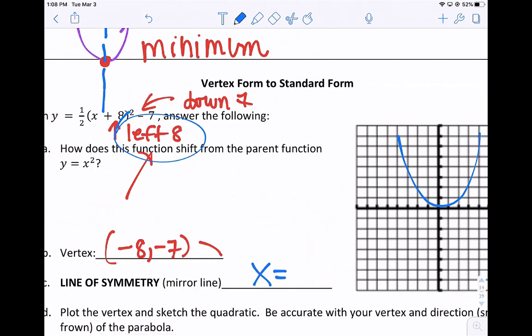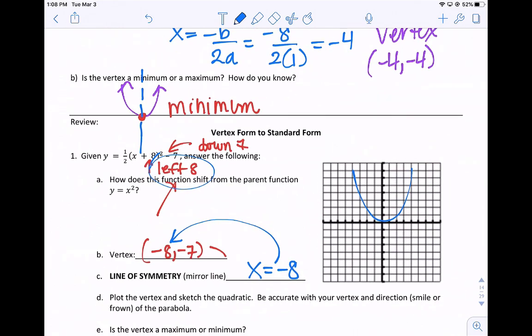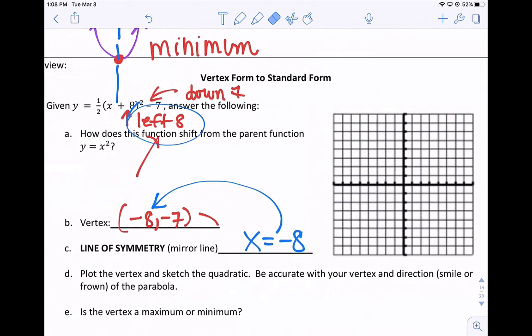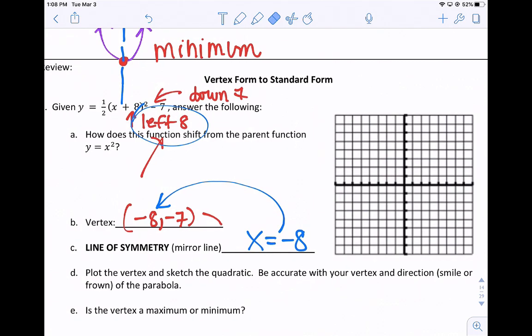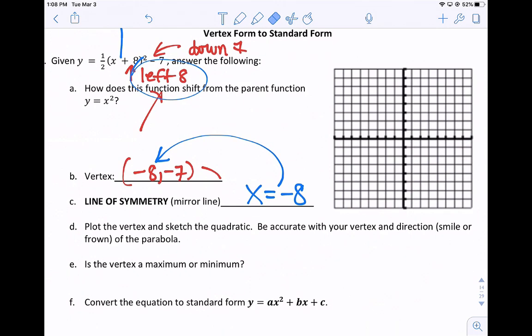So x would be negative 8. Whatever the x value of the vertex is, that will be the mirror line as well. Plot the vertex and sketch the quadratic. Be accurate with your vertex and direction, smile or frown, of the parabola.